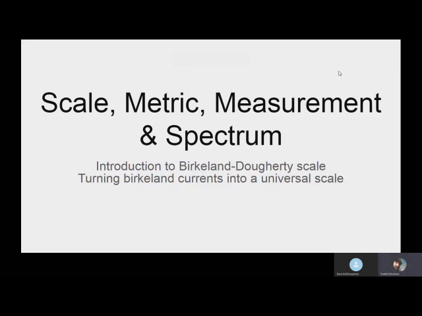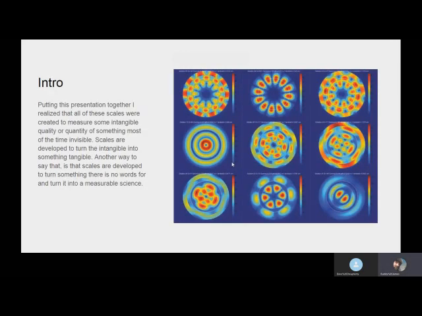Scale, metric, measurement, and spectrum. Introduction to Birkeland-Dougherty scaling, turning Birkeland currents into a universal scaling system, or otherwise turning Birkeland currents into spectrums, a spectrum of filaments, a quantized series of systems of number and quantifiable tangibility of these actual filaments turning into Birkeland currents and turning into matter.